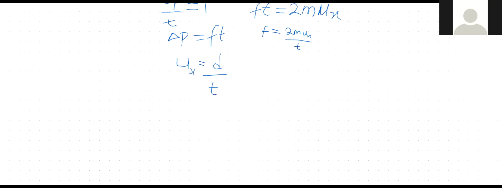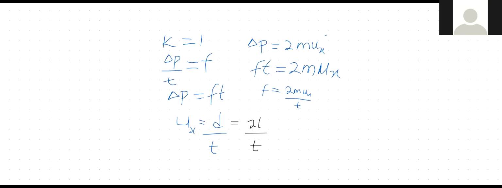We are going to replace the distance with 2L, so we have 2L all over T. So from here, we can easily understand that we have 2mux all over T.